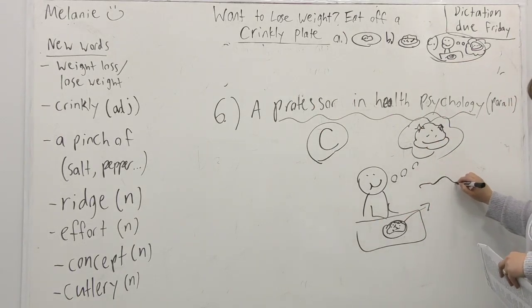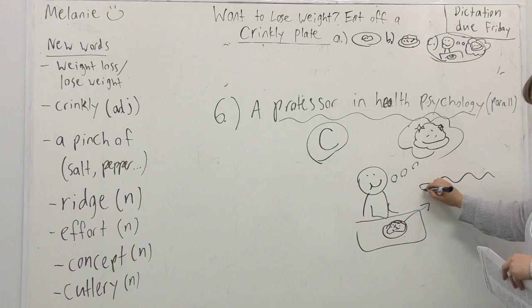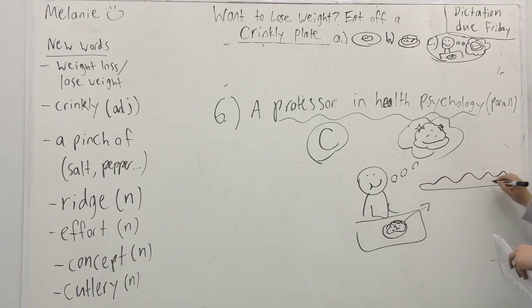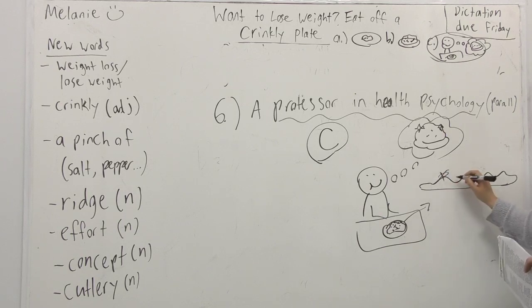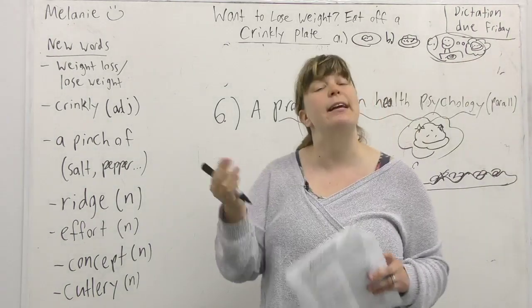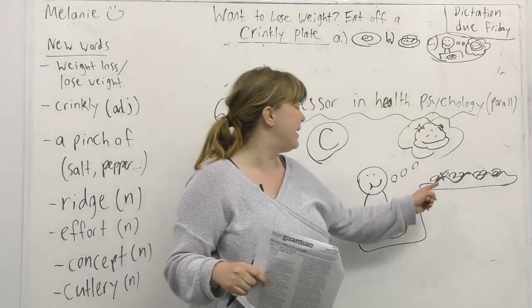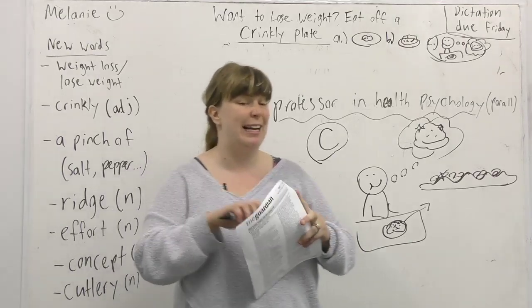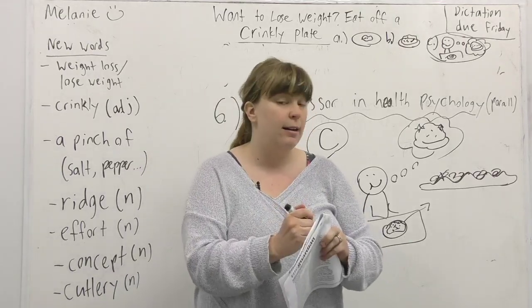Here you can see the ridges in this funky plate, so you can't really get much food up here. Most of the food might fall here, but there's not much food on these bumps up here. But they're thinking they're eating more than they actually are. So this plate is tricking their mind into that.